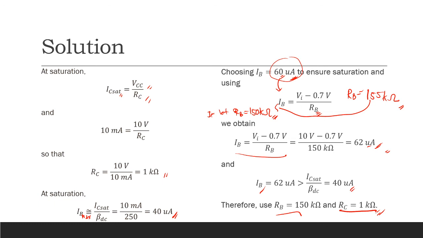Next, solve for RB using this equation. Kapag yung nakuha mong RB is exact din siya na merong available sa market, then yun na yung gamitin mo. However, kung hindi, hahanap ka ng malapit dun sa value na yun. And in this case, yung pinakamalapit is 150K. Now, para masigurado mo na magagamit mo talaga siya or papasok pa rin siya sa criteria, i-substitute mo siya dito sa equation.